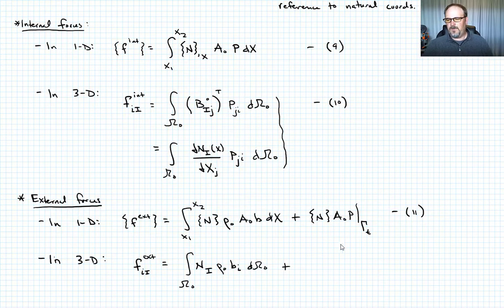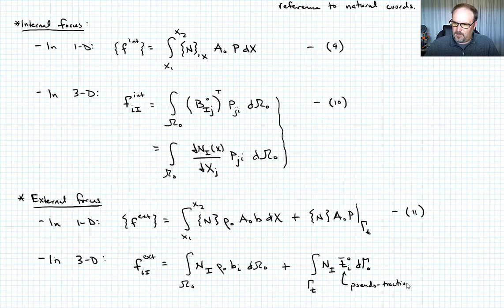And then over here, instead of just being basically a 2-point evaluation, we're going to have to integrate over the boundary where the traction is applied. And this becomes N_I t_i bar naught times d omega naught. Remember, this is that pseudo force term, or pseudo traction. So if you actually have to compute that, you're going to have to go back and do some transformations to compute that value. We'll call this equation 12.